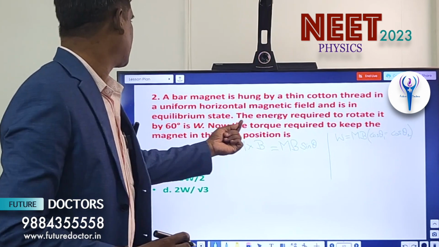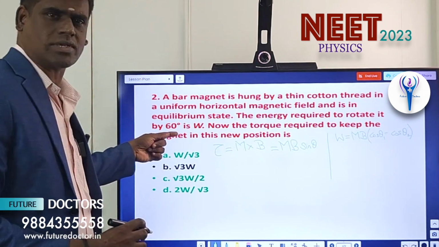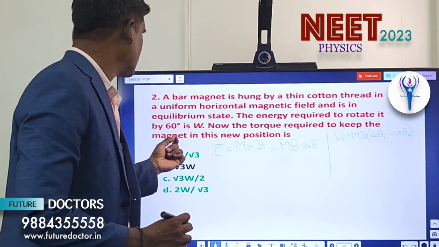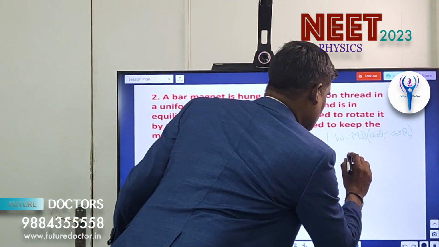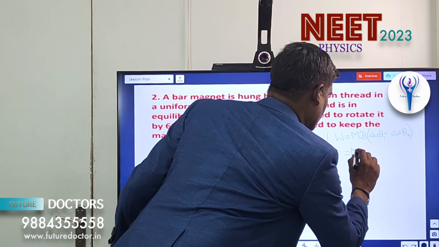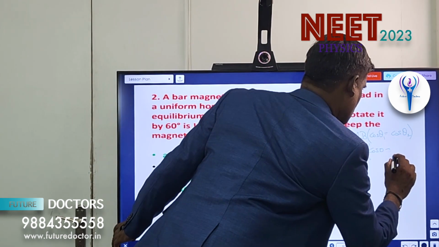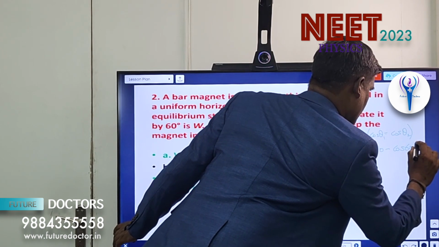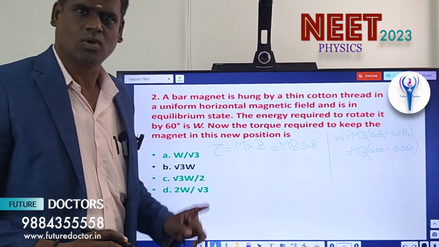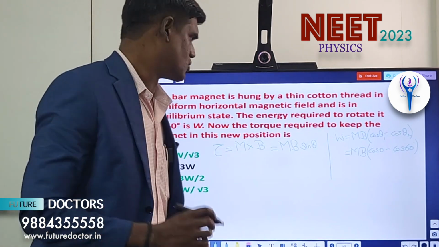The bar magnet is rotated from 0 degree to 60 degree, so theta 1 equal to 0 and theta 2 equal to 60. Then W equal to MB into cos 0 minus cos 60 degree. Cos 0 is 1, cos 60 is 1 by 2.